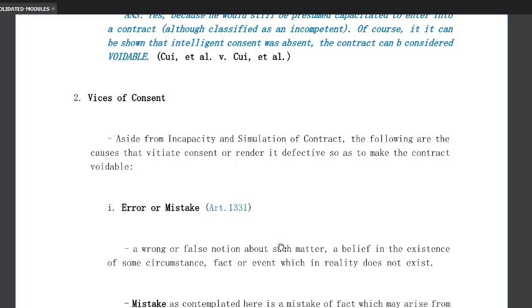So, with this provision, we could readily see kung kailan po yung error or mistake ay nakaka-apekto sa consent. Dapat daw substantial yung nagiging mistake or error, such that nakaka-apekto ito sa object of the contract, sa conditions which principally move the parties to enter into the contract, and then identity or qualifications of persons na nag-enter into contract.